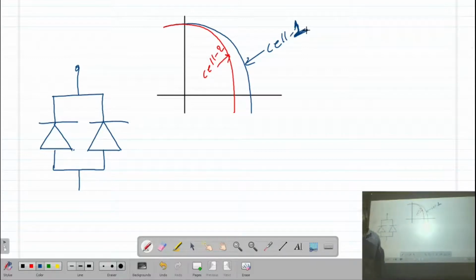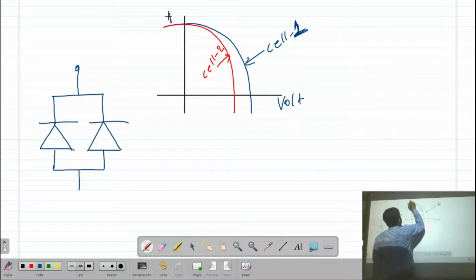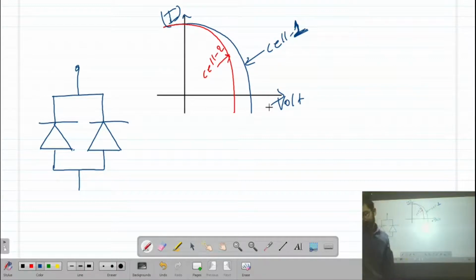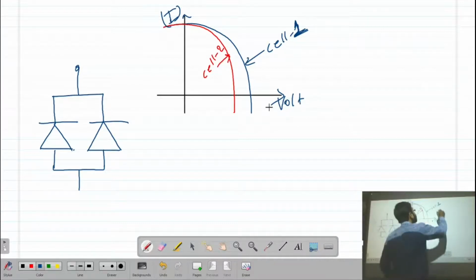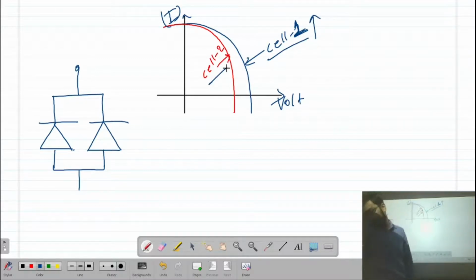This is the voltage axis, this is the current axis. Let us assume that both the cells have two different voltages, that is, cell 1 has higher voltage than cell 2. What happens if both cells are connected in parallel?